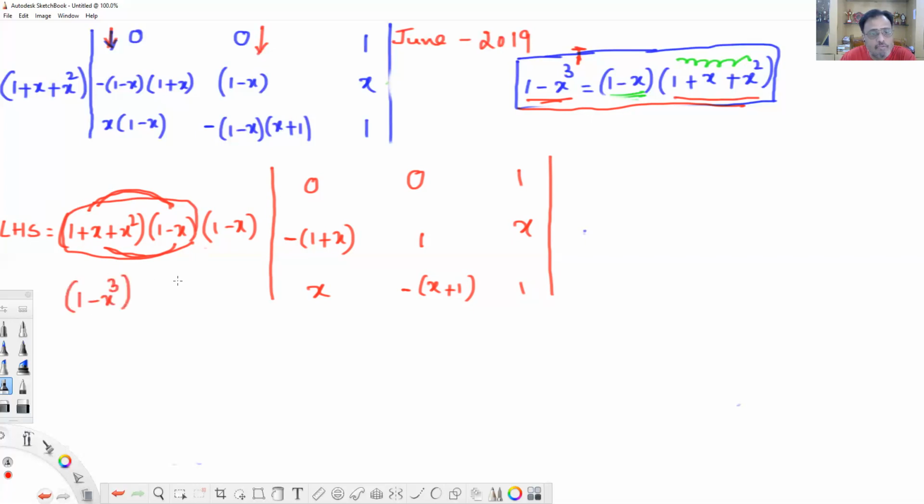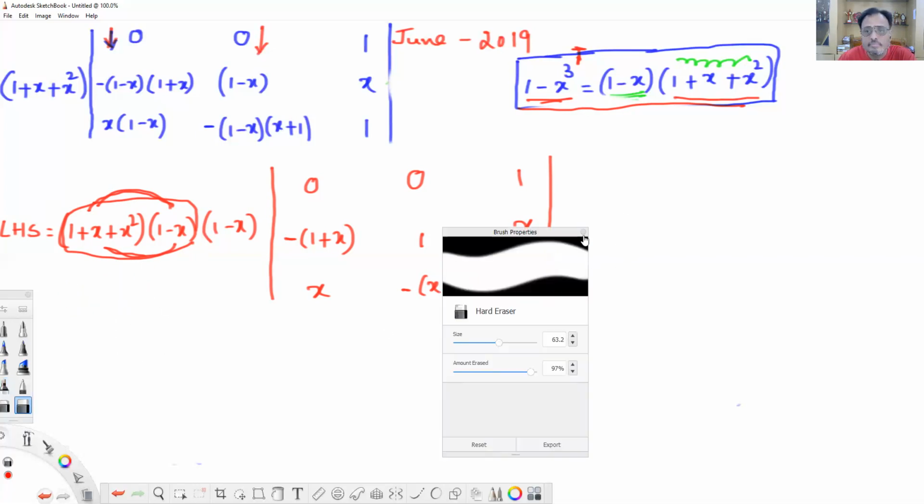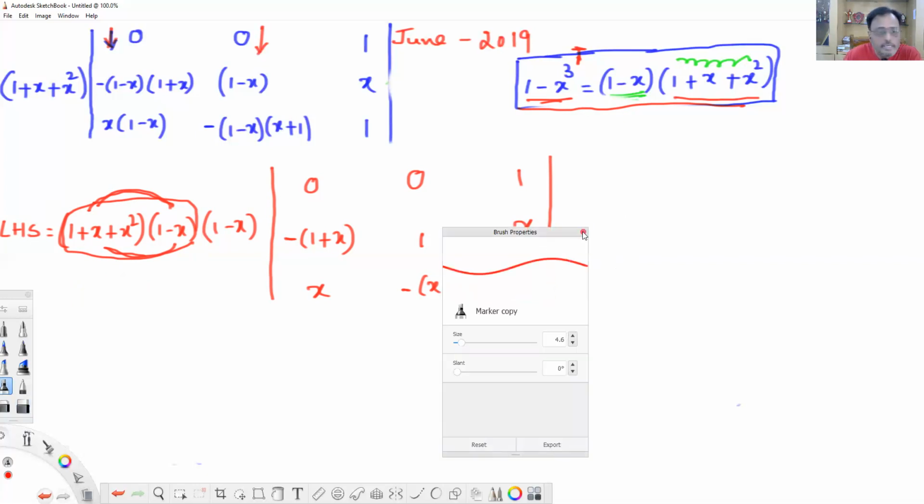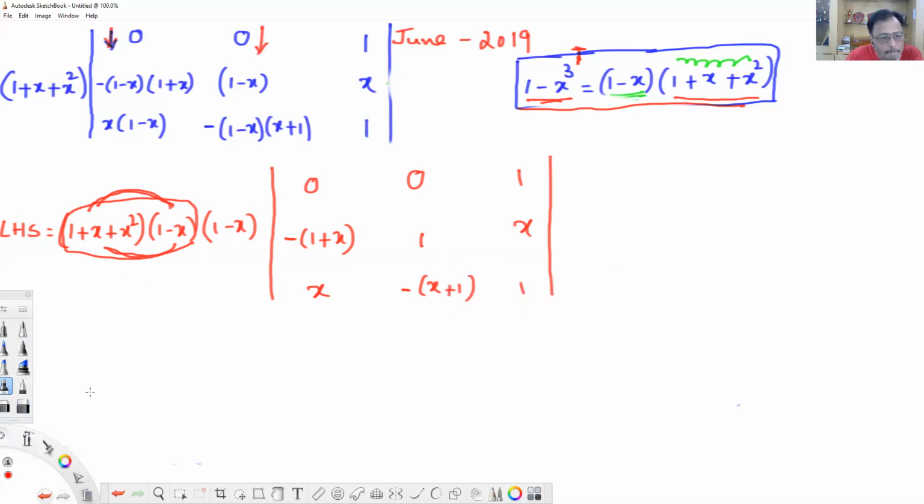And here it is again 1 minus x is there. So I'm going to write like this, 1 minus x cube into what is left now? 1 minus x.